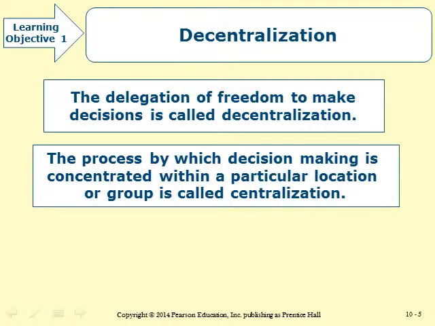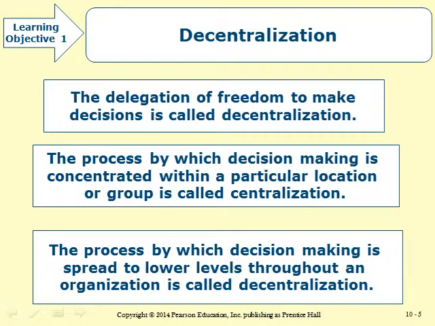And so when we talk about decentralization, what we're really talking about is the delegation of freedom to make decisions, right? So in a centralized organization, decisions are concentrated within a particular group. Perhaps this is the corporate group, or perhaps it is a headquarters group. But the ability to make important decisions is held by a handful of few.